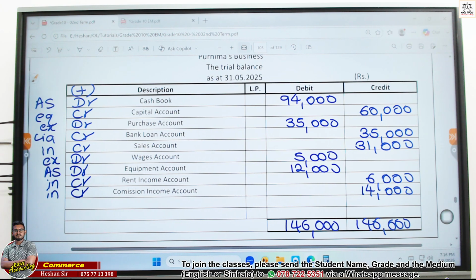All good, right? I told you about the trial balance.